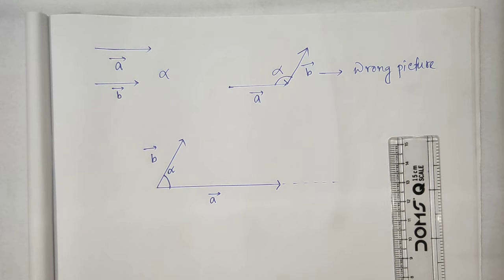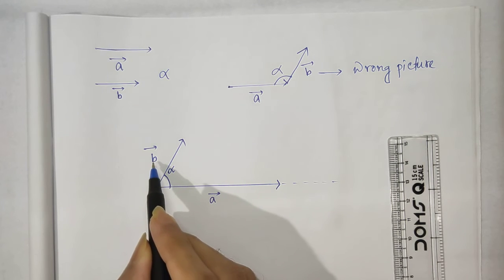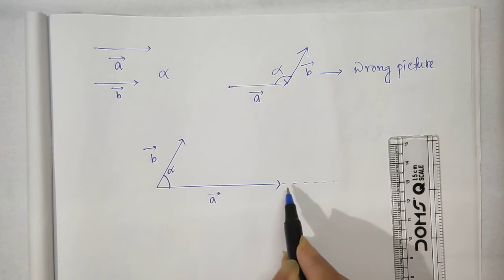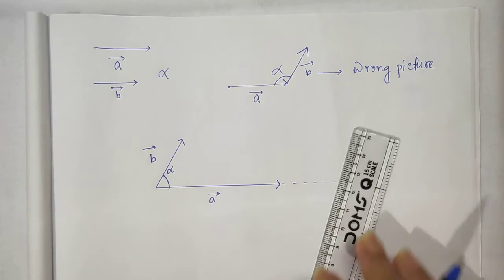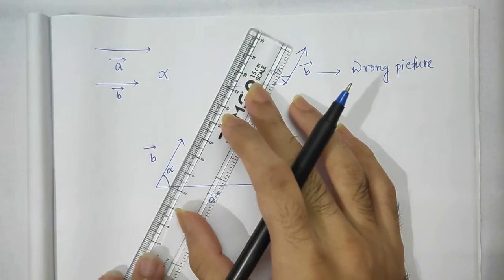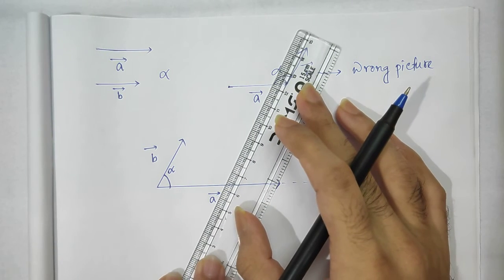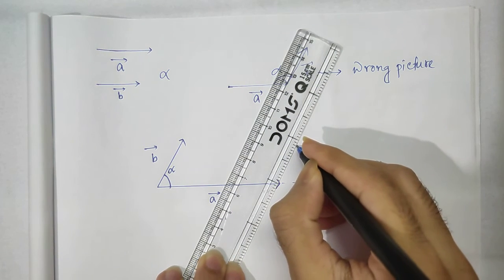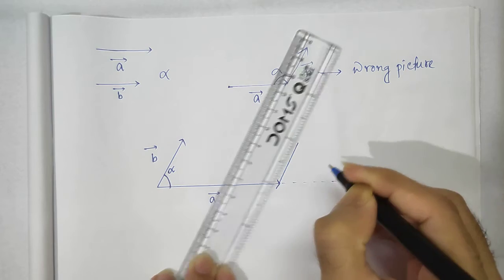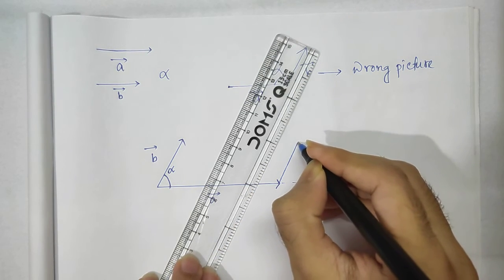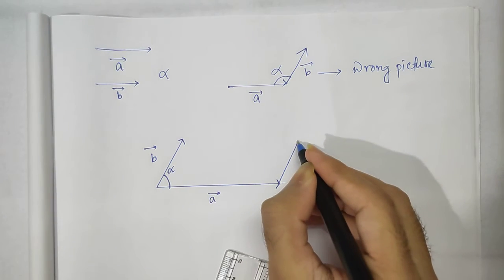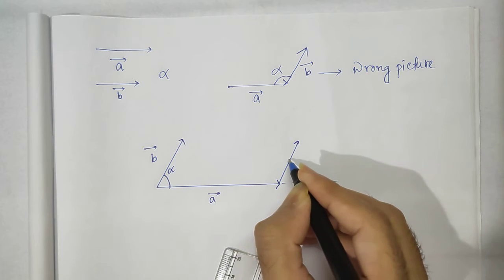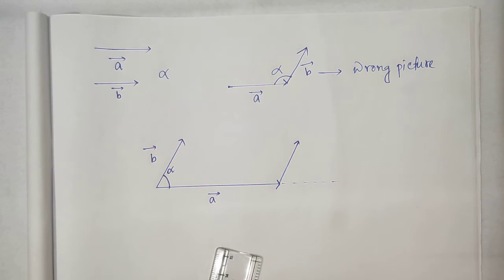How can we do that? To calculate the sum, we have to draw a clone of the B vector at the ending point of the A vector, like that. I'm just drawing roughly here. This is the B vector again, right?